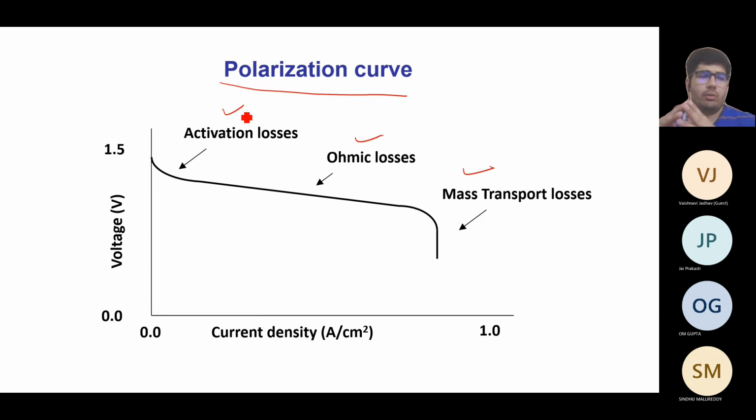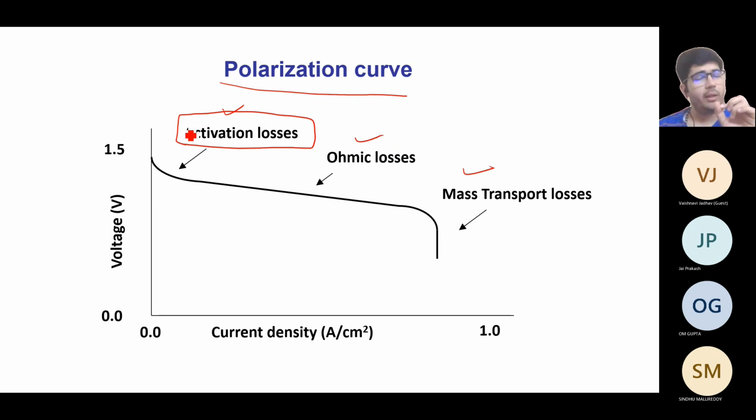Activation loss: whenever an electrochemical reaction is happening, there is some energy barrier. For the electrochemical reaction to happen, the reaction should cross one particular energy barrier, and only after crossing that barrier can the reaction happen.